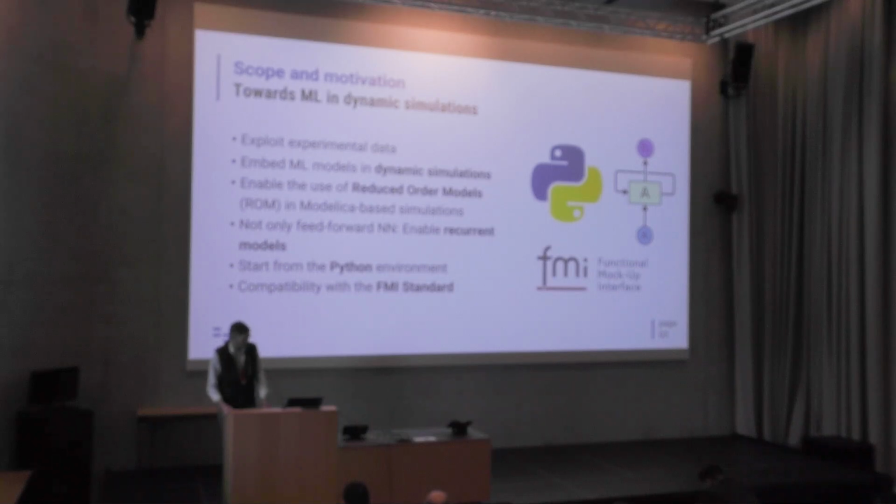A need that we had was to be able to embed specifically recurrent neural networks into FMUs. We wanted to start from a Python environment, which is usually the environment where you develop machine learning models. In particular, our colleagues do that, so that was a main need, and we also knew that we could meet many others that are using this, and we needed also compatibility with the FMI standard.